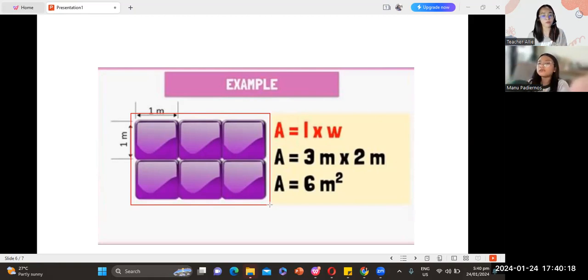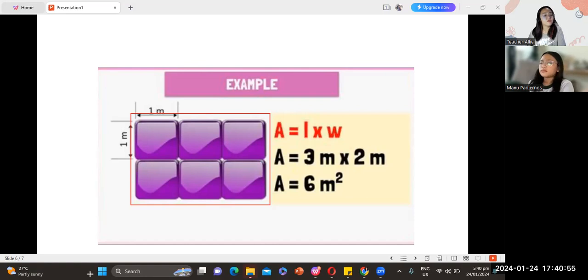Before we proceed with the example, what is the formula of the area of a square? What is the formula in finding the area of a square?